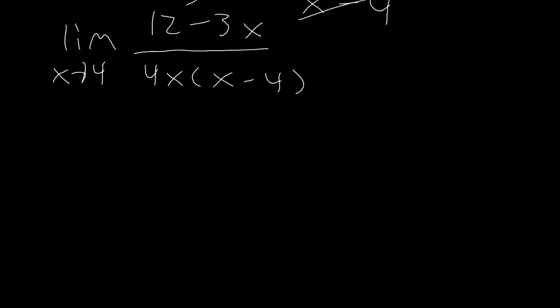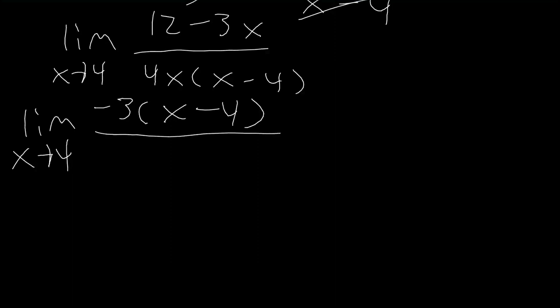Now let's look for something to cancel. Okay, so it looks like if we pulled out a negative 3 from the top, we would have x minus 4, because if you multiply negative 3 into x minus 4, you're going to have negative 3x plus 12, which is equal to 12 minus 3x, so they're equivalent.